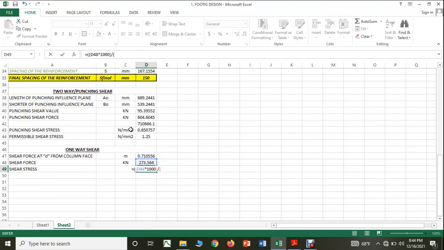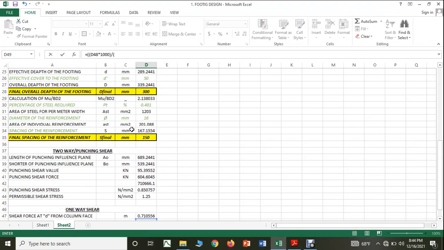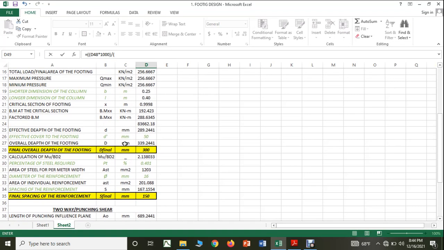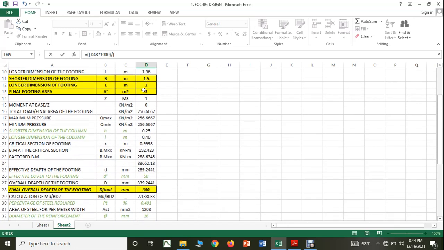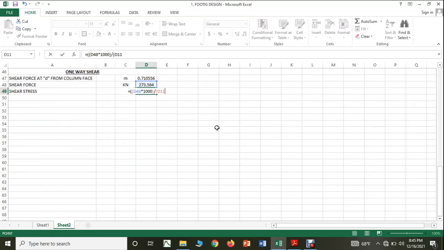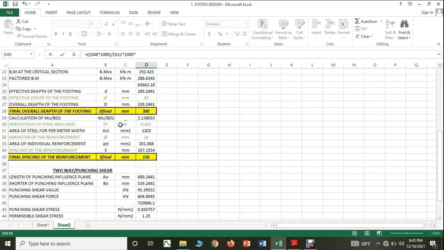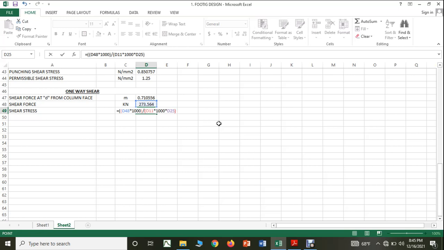Why that 1000? Again to convert my footing dimension from meter to mm, right? And small d is the effective depth. When I simplify that, I am going to get shear stress as 0.630.